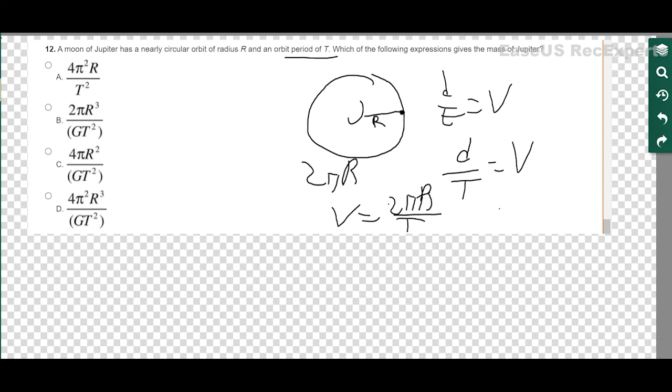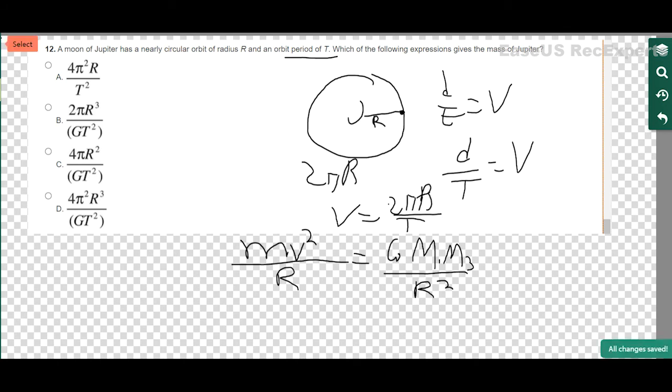We can use the centripetal force equaling mv squared over r, where v is equal to 2 pi r over t, and this is also going to be equal to the gravitational force, which is G m1 m2 over r squared.